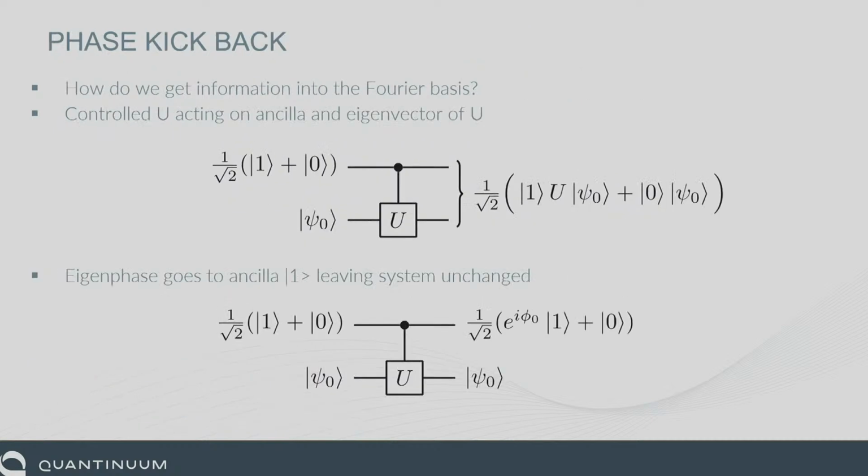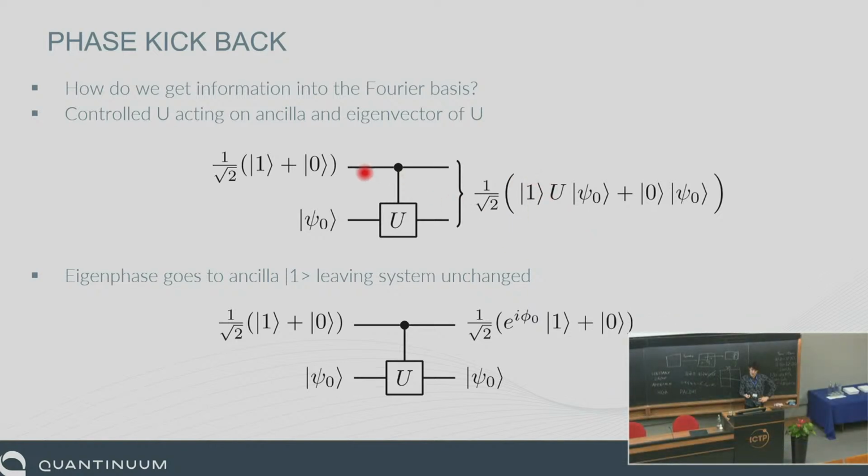So that's what phase kickback is really. You may have heard this properly called phase kickback. So when we have a controlled unitary acting on an eigenstate, you can see that the unitary is applied just to the 1 here. This is a controlled-U.